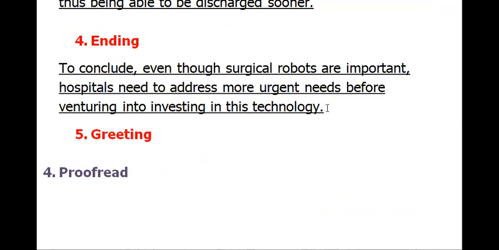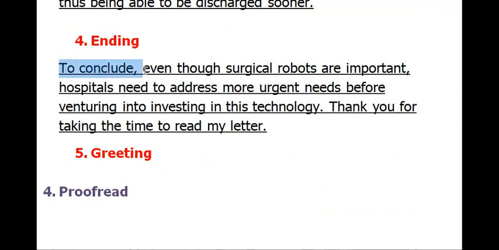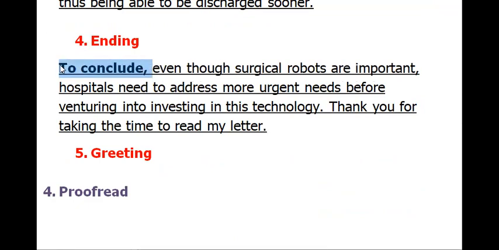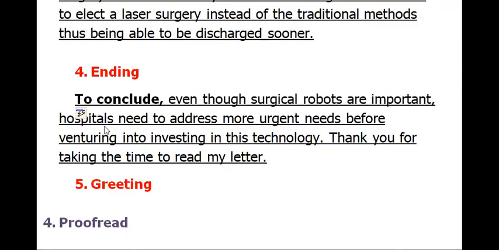And then also in the conclusion or in the ending, make sure to thank your audience. Thank you for taking the time to read my letter. And that's your conclusion. If you indented paragraphs, make sure to do that for the introduction and the conclusion as well.